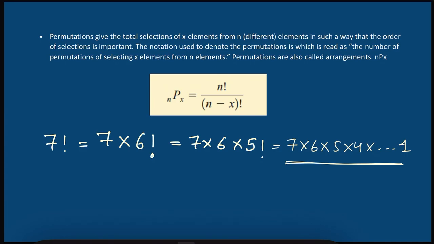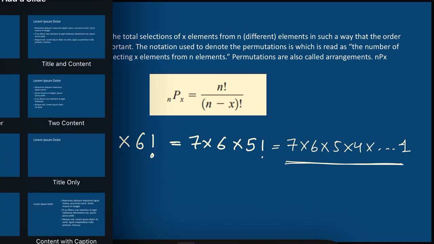So what is the key difference between permutations and combinations? In combinations, the order of output does not matter, but when we talk about permutations, the order is quite important.